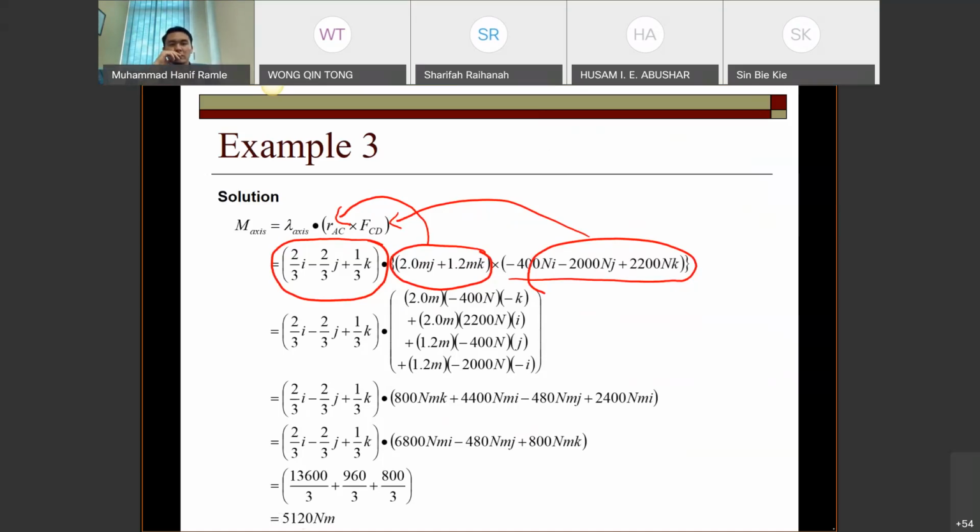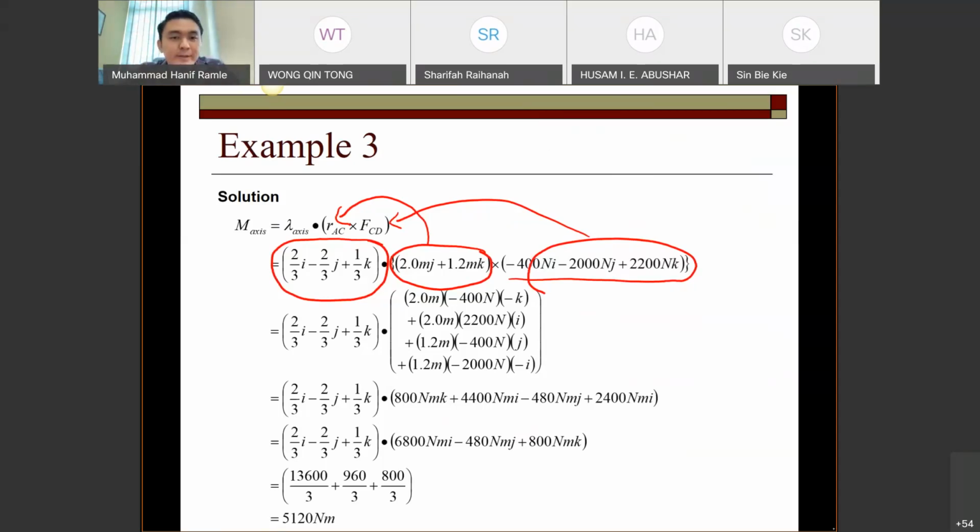Doctor, I get the overall idea, but I want to know something. How to know FCD or which R, like RAC, for the vector? How to know AC or AD or which one to choose? Okay, great question.